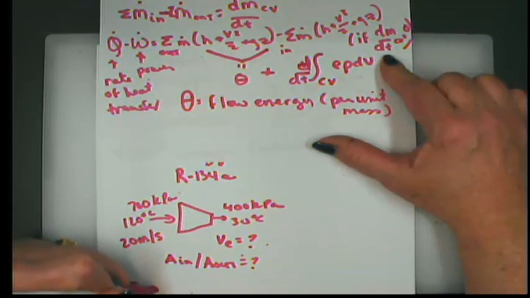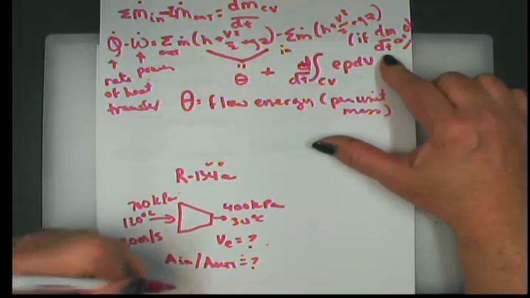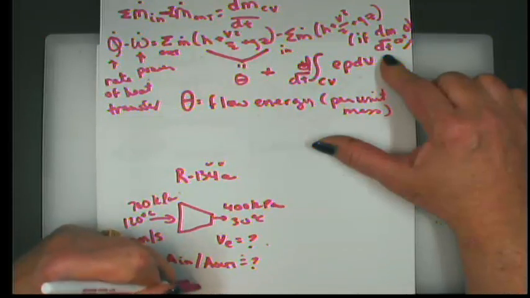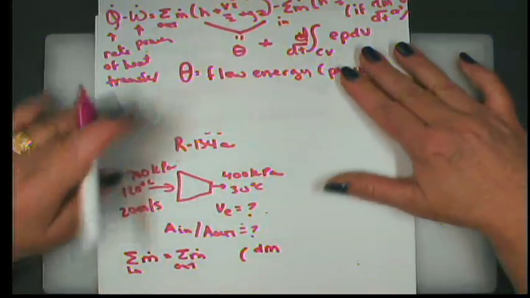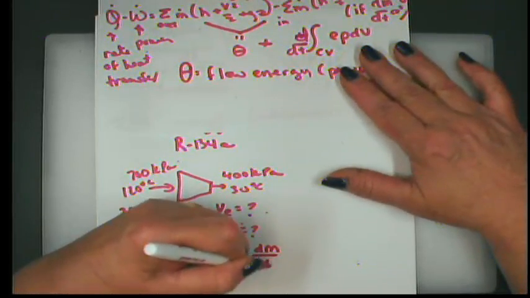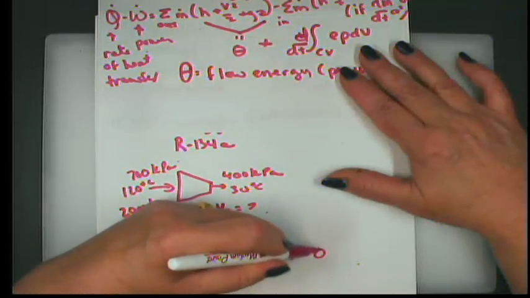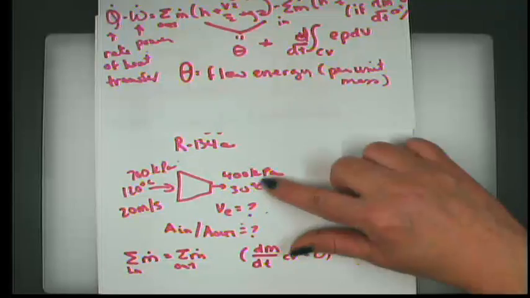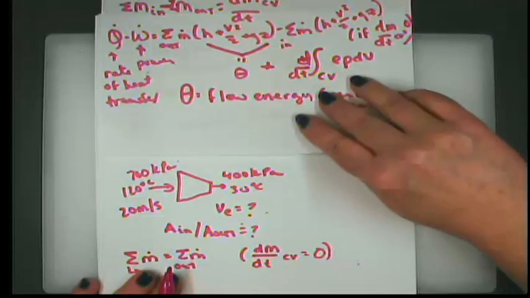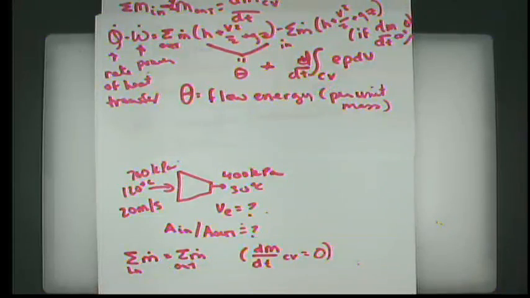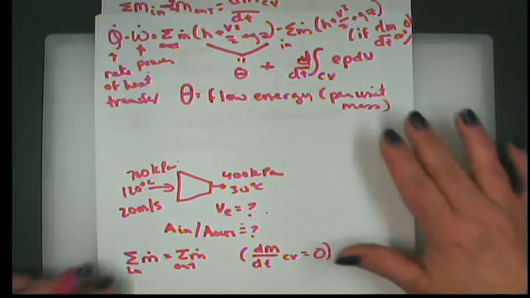We know that the summation of mass flow rates on the inlet has to equal the summation of mass flow rates on the outlet because dmcv/dt is equal to 0, right? Because in a nozzle, there's no reason to expect that mass would be accumulating or discharging from the nozzle. It fills up and it just moves through, right?